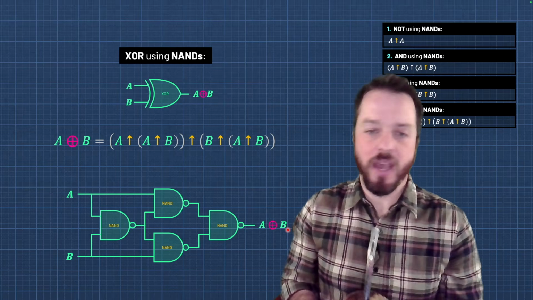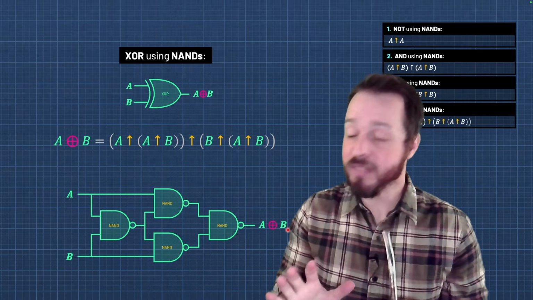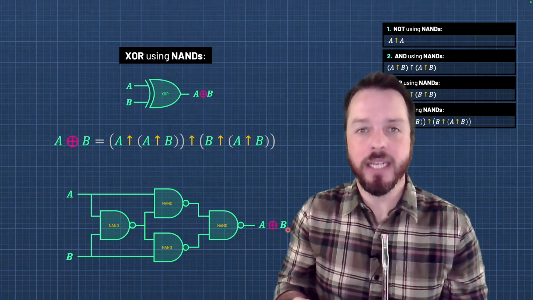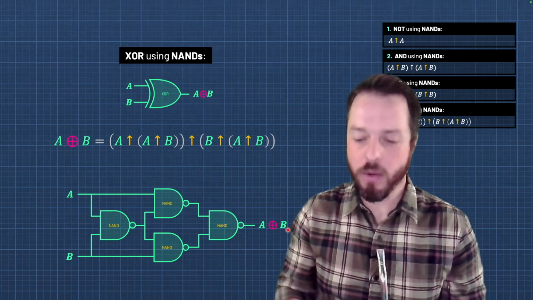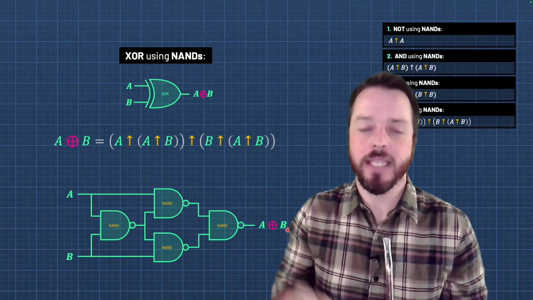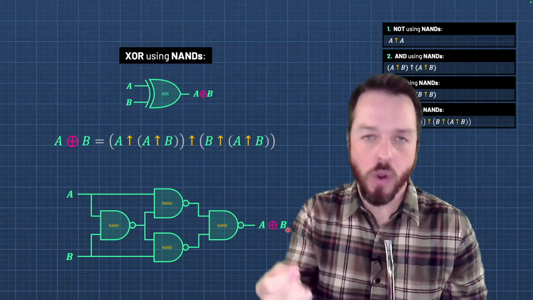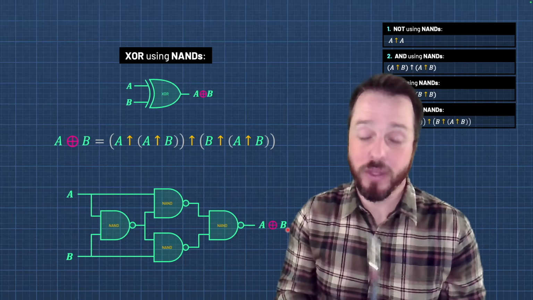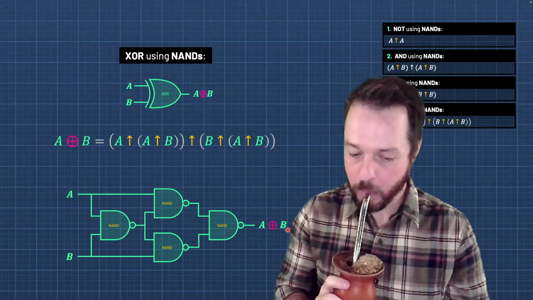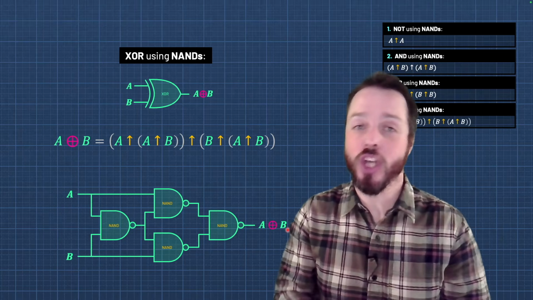So all these things that we have been using, they can be built from NAND gates. It's very weird to say that, but in reality, most circuits that you have in our computers, most of them, actually use NAND gates instead of an actual vanilla XOR, vanilla OR, vanilla AND, etc. So I thought it was important for us to stop, have some mate, and look at logic gates.